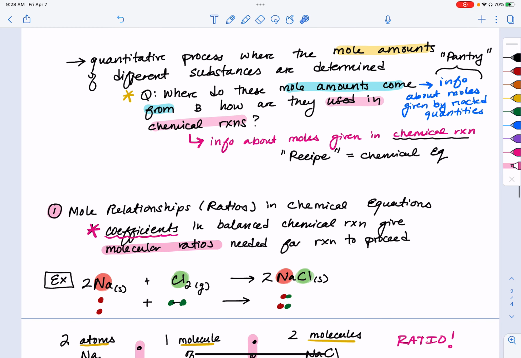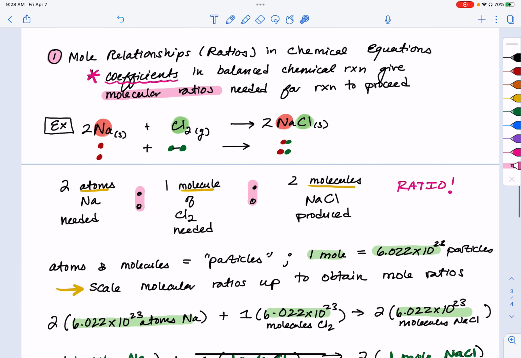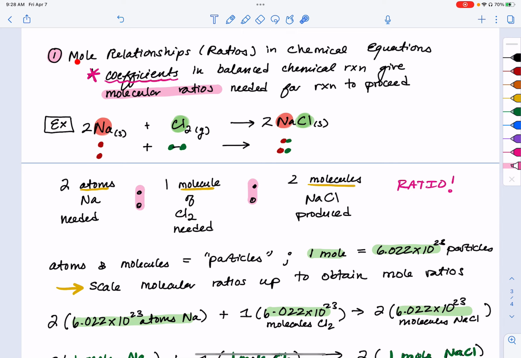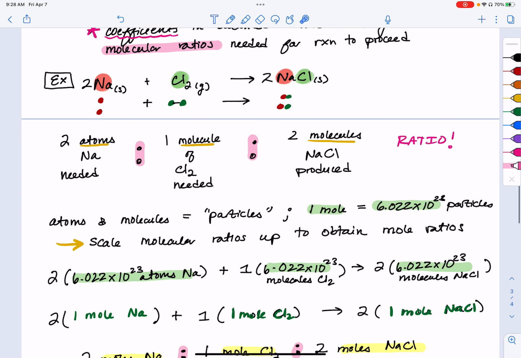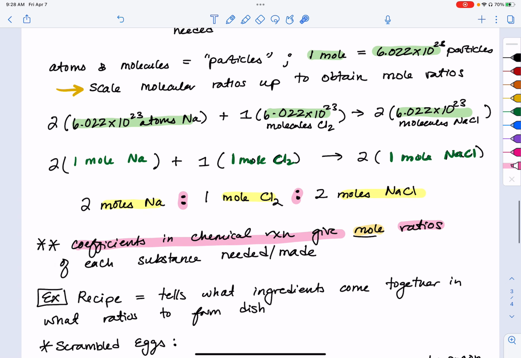And we discussed in the first half of this topic where this idea of mole amounts comes from, or what kind of information about mole amounts could be given by looking directly at our chemical reaction, where we saw that in a chemical reaction, what we get are our mole relationships or mole ratios of each substance that is either used or formed in that reaction. And that comes from our balanced chemical equation, specifically those coefficients in our balanced chemical equation.